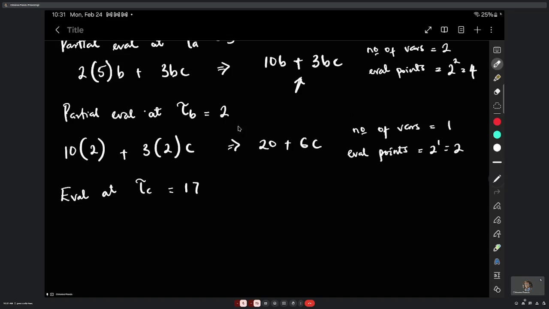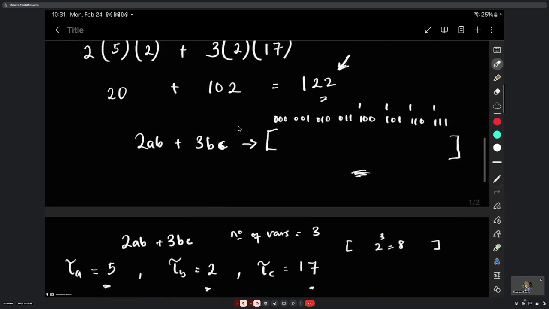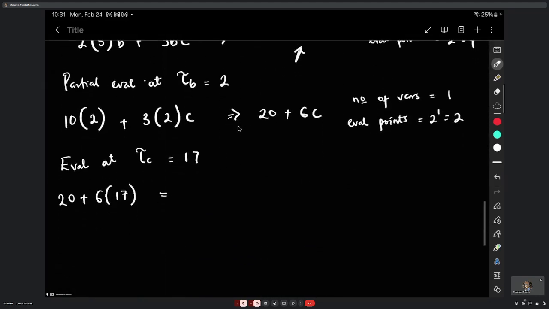So that will be 20 plus 6 times 17, which is 122. And this is now our commitment.